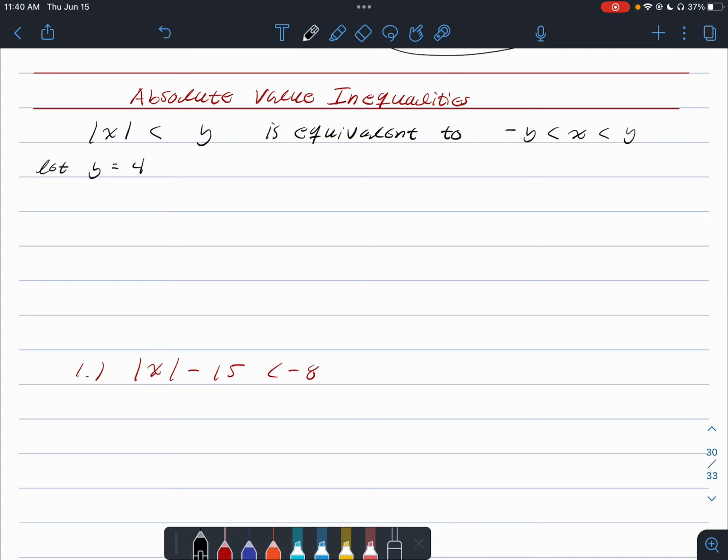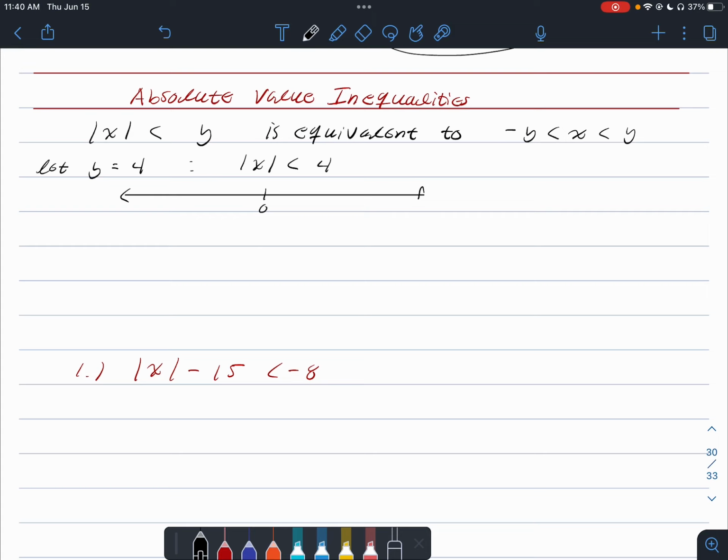So this would imply that we have the absolute value of x is less than 4. Really, what we're saying here is we want all values of x whose distance is less than 4 from 0 on the number line.